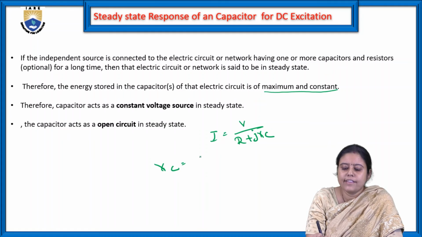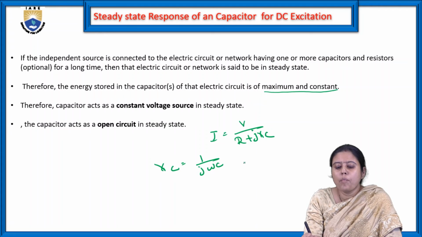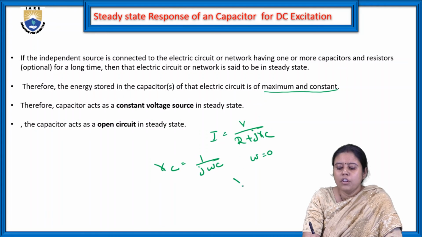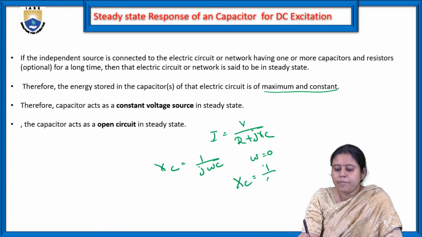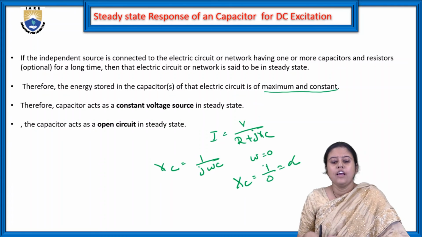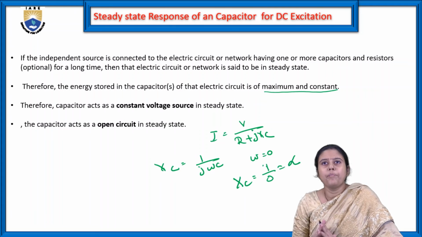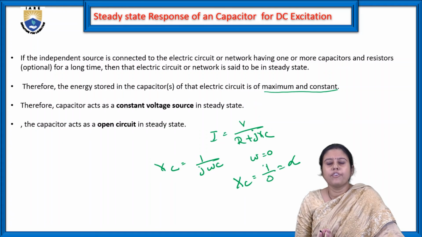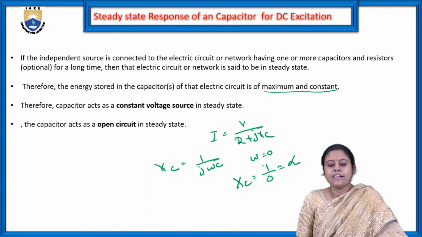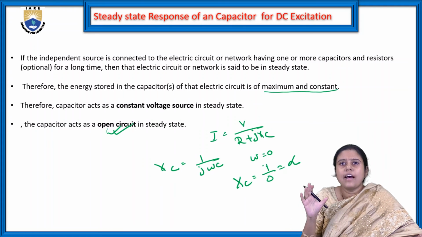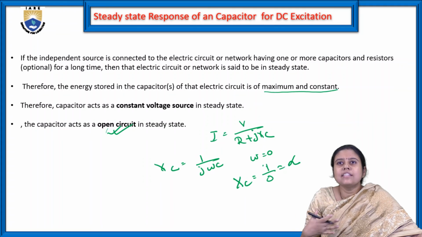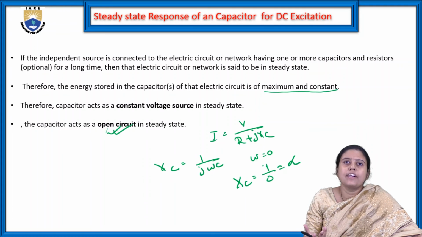What is XC? XC is equal to 1 by j omega C. Again, omega is equal to 0. So XC is 1 by 0, which means it is infinity. Therefore, the capacitor will behave like a constant voltage source in the steady state and it will behave like an open circuit as the impedance is infinity.